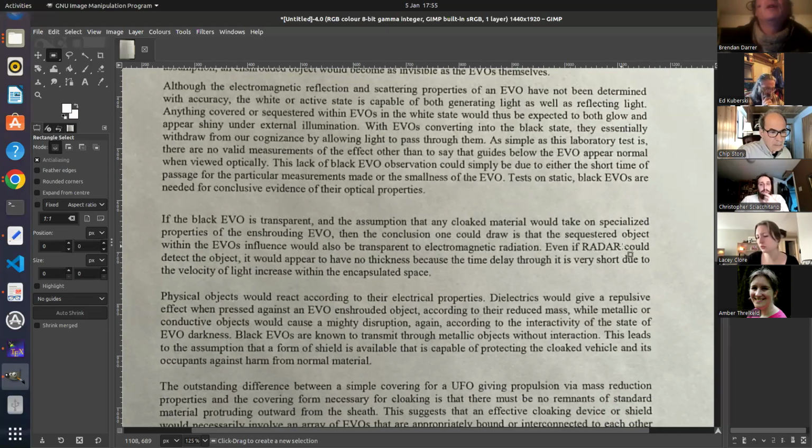Even if radar could detect the object, it would appear to have no thickness because the time delay through it is very short due to the velocity of light increase within the encapsulated space.